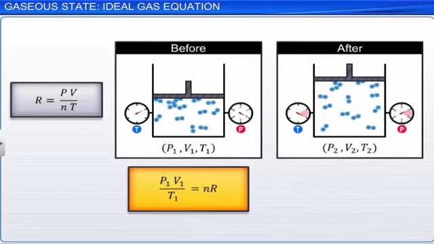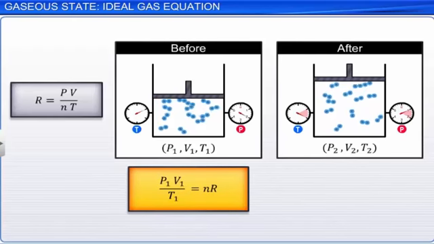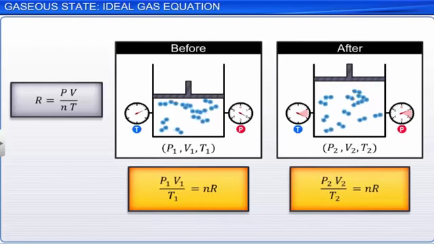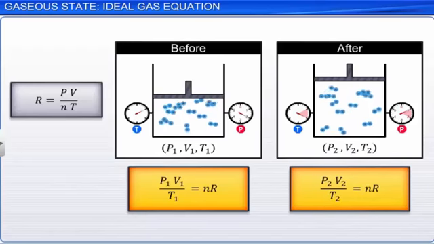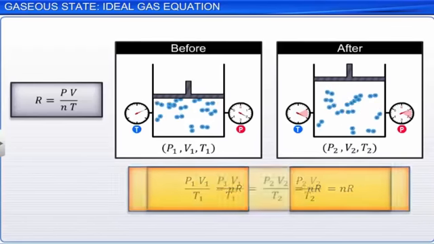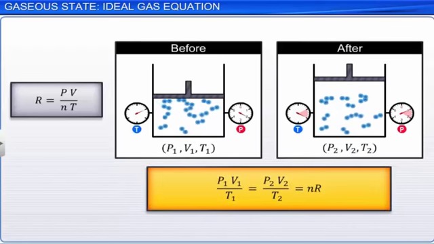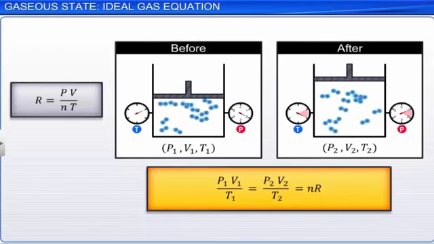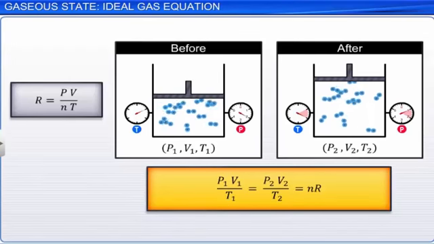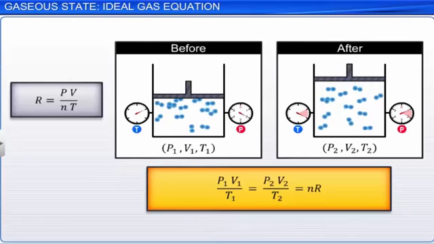Combining the two equations, we get P1V1 by T1 is equal to P2V2 by T2. This equation is known as the combined gas law and is useful in calculating any of the variables if the other 5 variables are known.